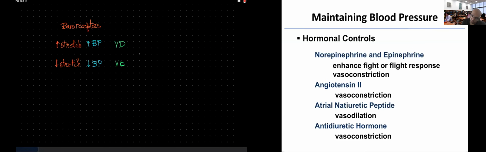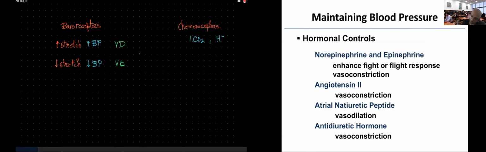The other type of receptors that we've seen are the chemoreceptors. From the name, chemoreceptors detect changes in the blood chemistry. Two of the most important chemicals we're focusing on are carbon dioxide and the proton, or pH levels.